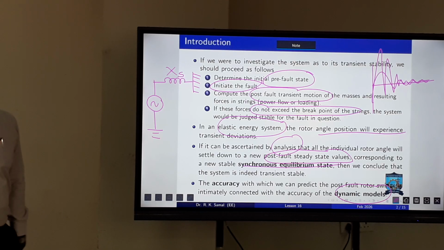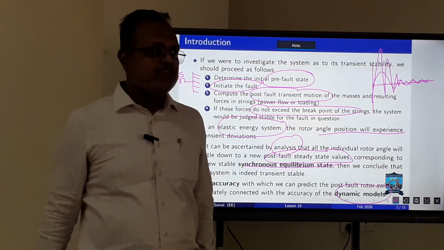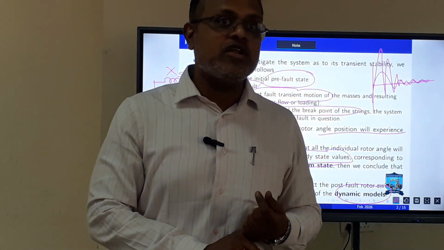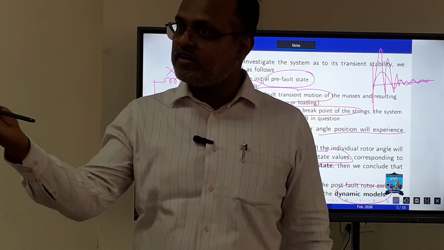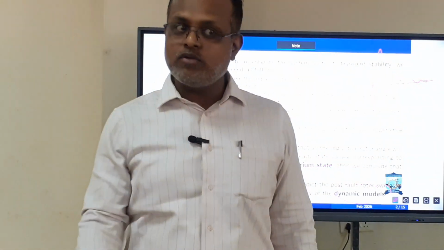Transformer: primary side, secondary side, and you refer that to the primary side; that is the transformer equivalent circuit. Induction motor equivalent circuit is similar to the transformer: stator side, rotor side, and you can transform that to the stator side. That is how you do the analysis.